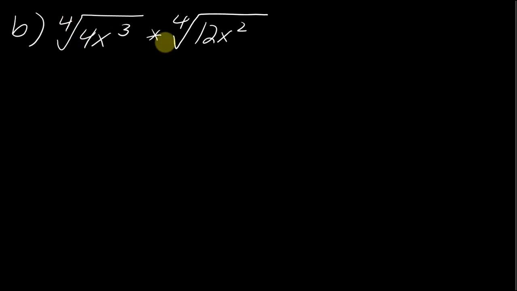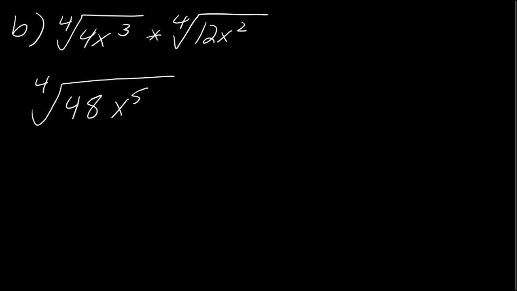So I've got this fourth root times another fourth root. So since they're both fourth roots, I can just multiply what's on the inside. So let's set this up. This will be the fourth root of, okay, so 4 times 12 is 48. And then I add the exponents, so x cubed and x squared. This will become x to the 5th.